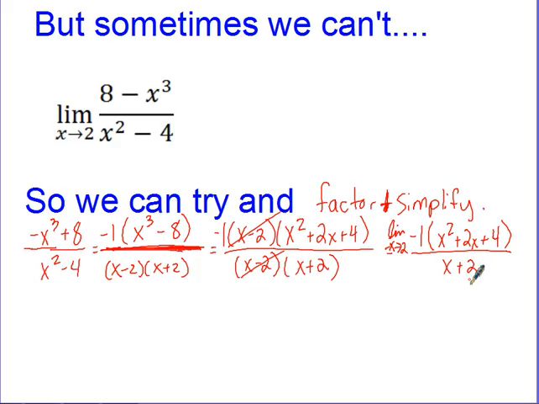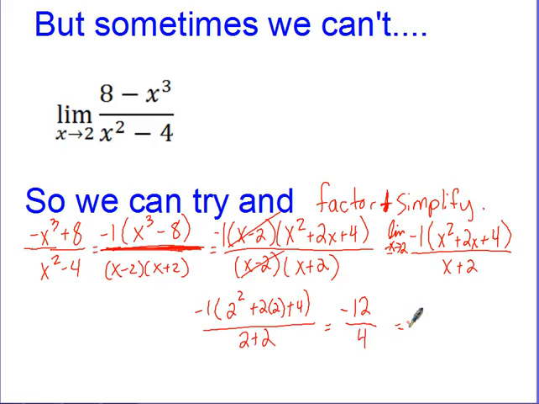So negative 1 times 2 squared plus 2 times 2 plus 4, all of that over 2 plus 2. Simple algebra here, guys. 2 squared is 4, plus 4 plus 4, which is 12, but then it's negative 12 over 4, which is negative 3.